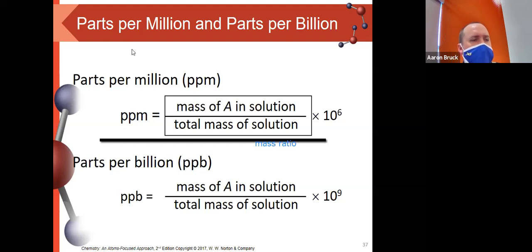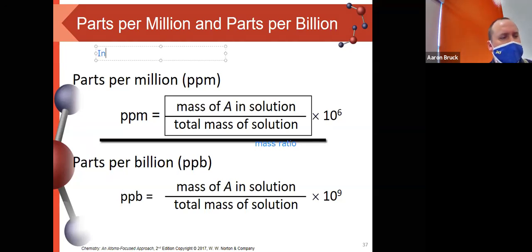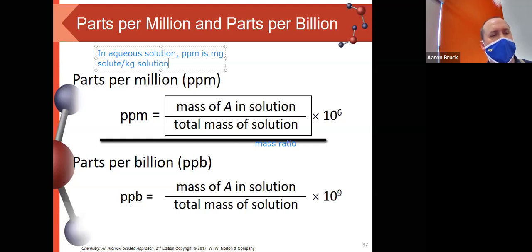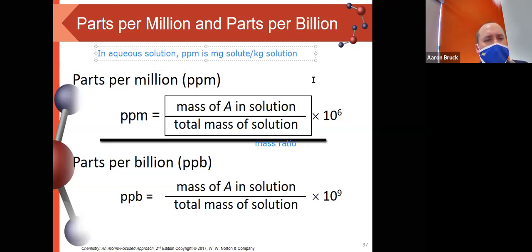Now, with parts per million and parts per billion, in aqueous solutions, we actually have another way of representing these. Parts per million is also known as milligrams per kilogram of solution, or milligrams of solute per liter of solution.